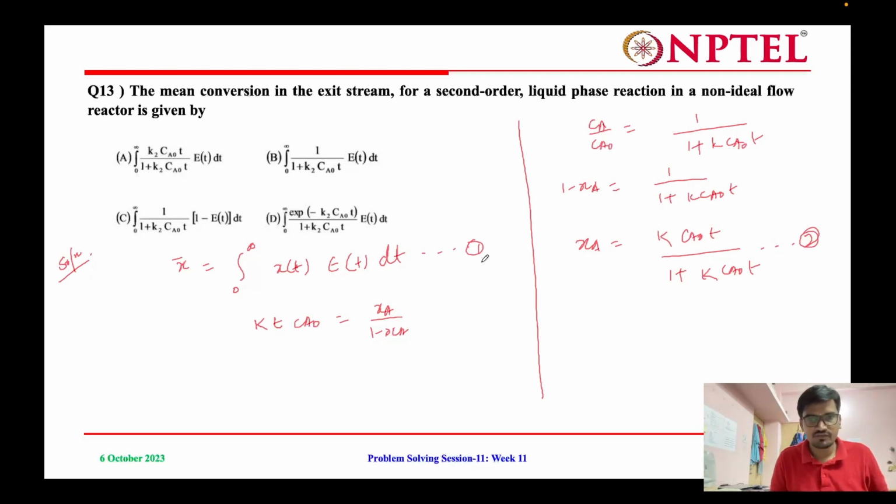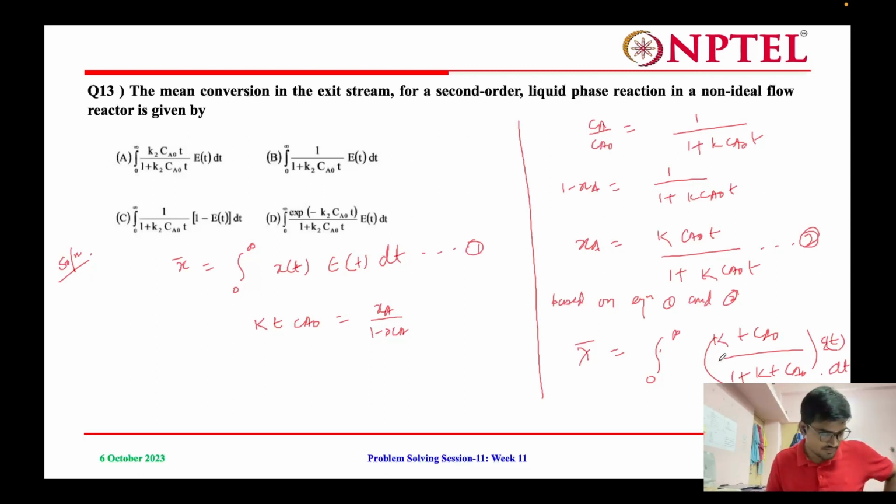Now based on equations 1 and 2, X bar equals the integral from 0 to infinity of K Ca naught t over 1 plus K Ca naught t times E(t) dt.